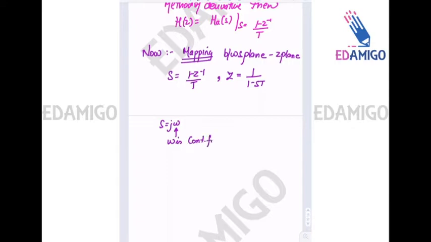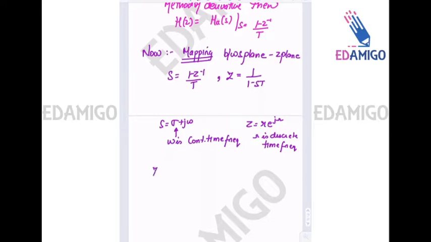the continuous time frequency. Sorry, s is equal to sigma plus j omega, where omega is continuous time frequency, and z equals r e to the power j sigma, where sigma is discrete time frequency.